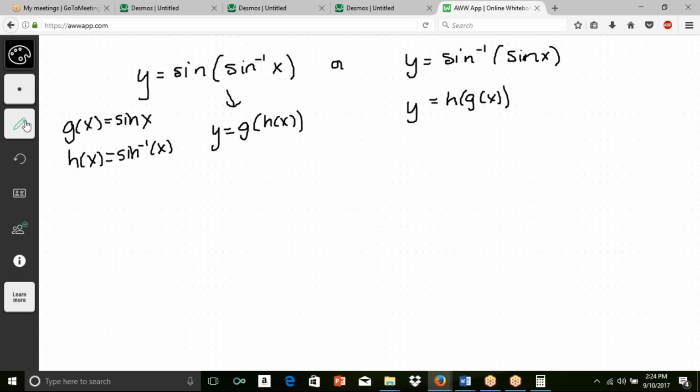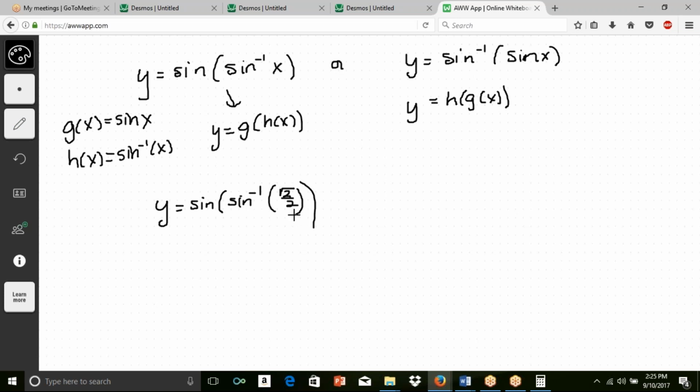So what can happen sometimes is I might have something like y is equal to sine of arc sine of, we'll say, square root of 2 over 2.